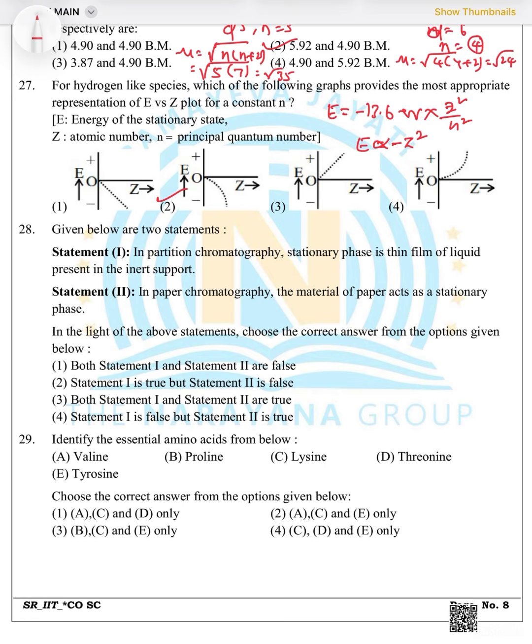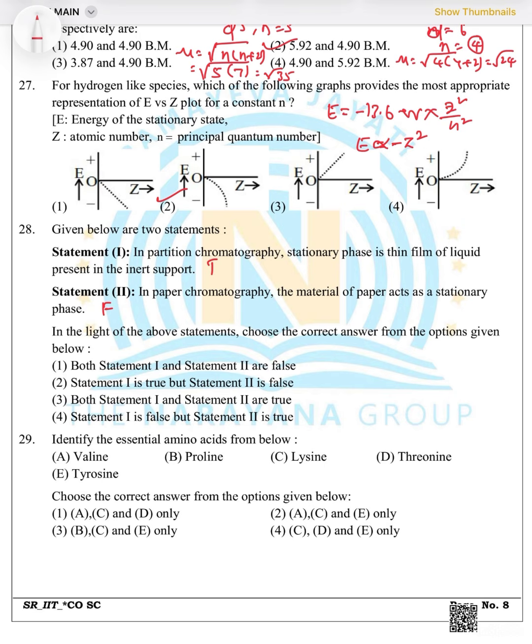Given below are two statements. In the first statement, in partition chromatography, the stationary phase is a thin film of liquid present in the inert support. Right? So this statement is correct. So this is true. In paper chromatography, the material of paper acts as the stationary phase. This is wrong.